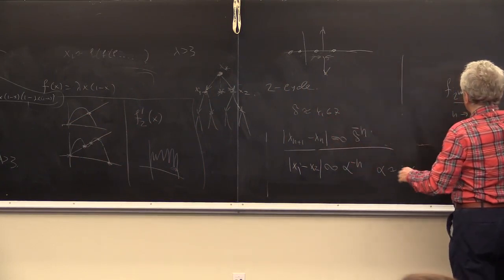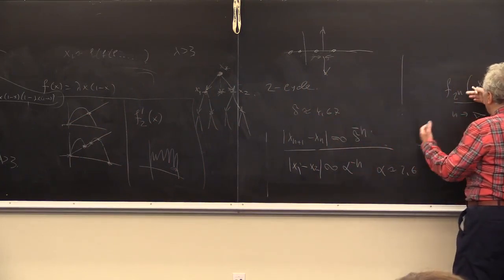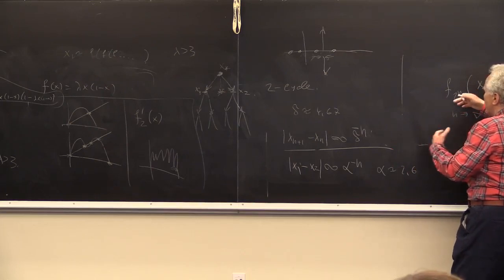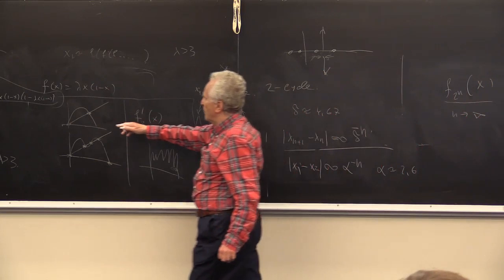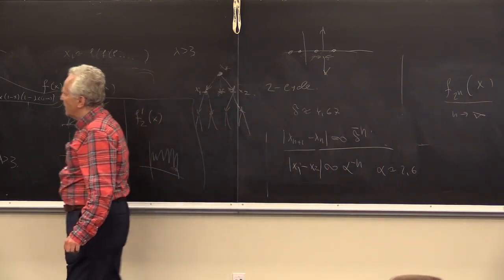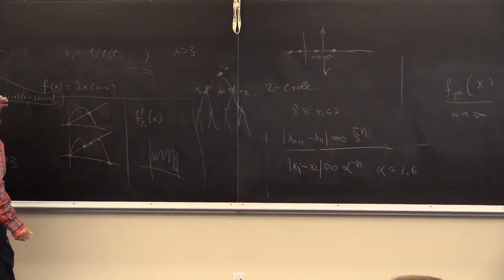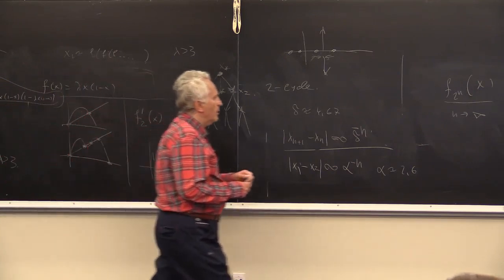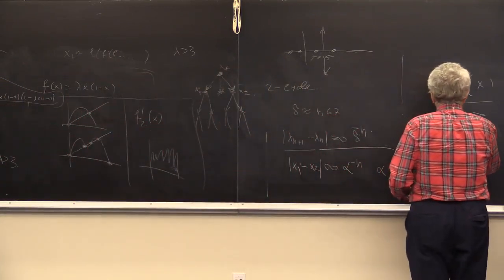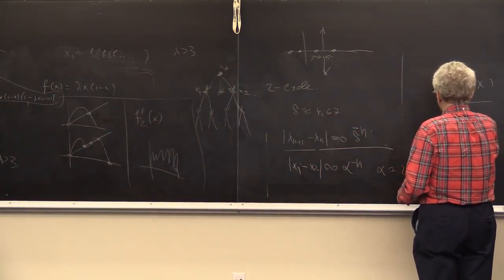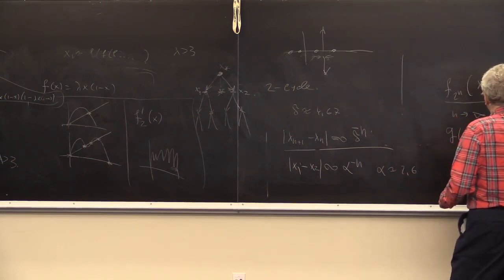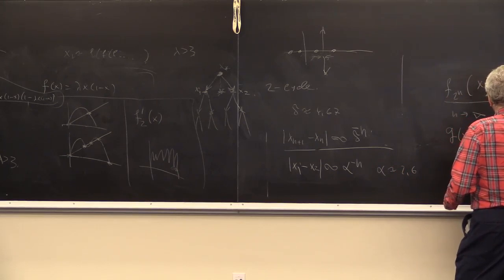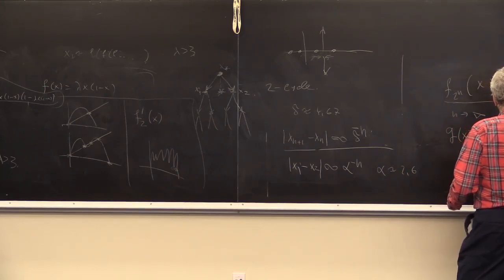Here we iterated some concrete function, but that doesn't matter. Any function of this type with one maximum and with zeros at 0 and 1 will give the same result, which is expressed in terms of the universal function g, satisfying a very interesting functional equation.